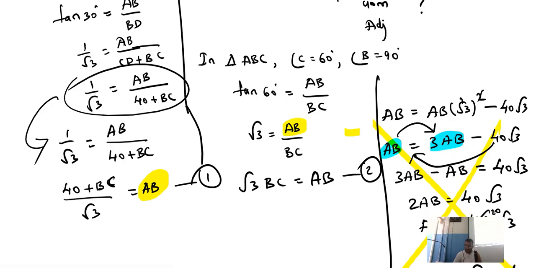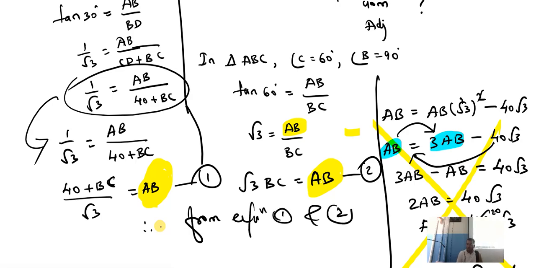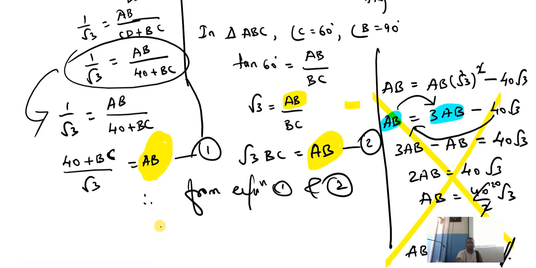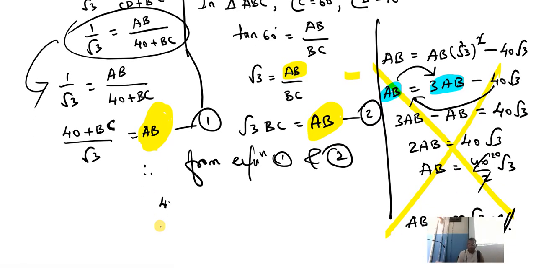Now from equation 1 and 2, you can see both the sides we have AB. Yes or no? When both the RHS are equal, then LHS are also equal. So from equation 1 and 2, we can say that 40 plus BC by root 3 is equal to root 3 into BC.